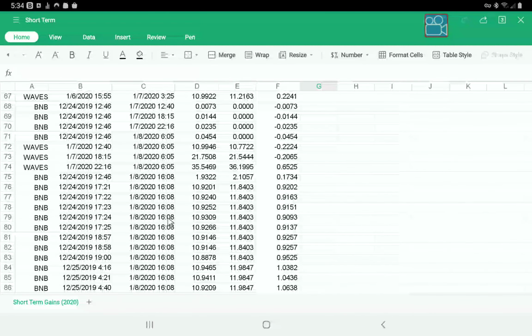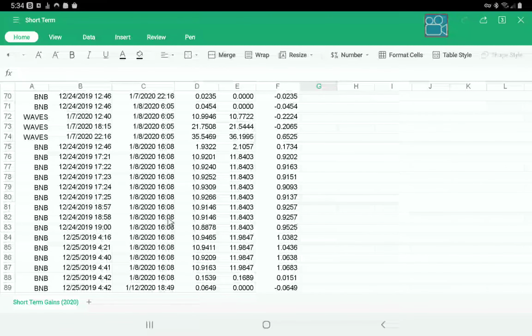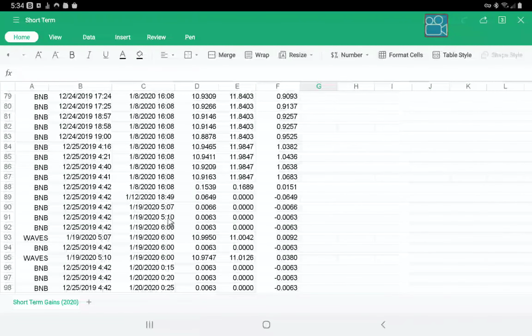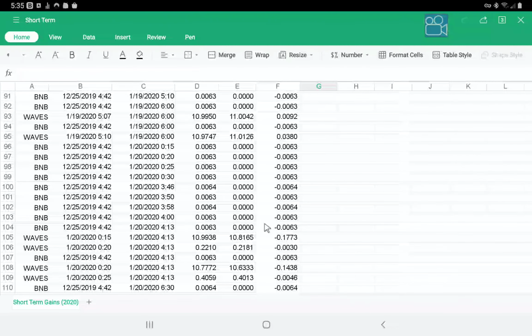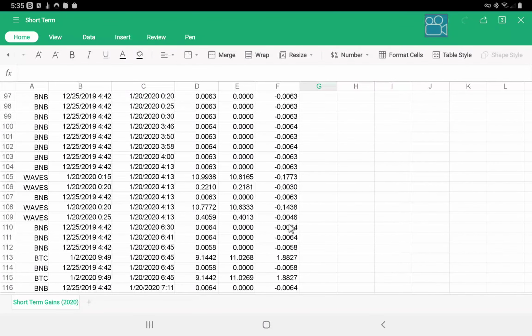And this is the kind of stuff that you need to keep track of for taxes. So, as you can see, some of these do pretty well, some don't. Here I actually made $1. Now, a lot of people will scoff at this amount of change, and that's really what this is, change.